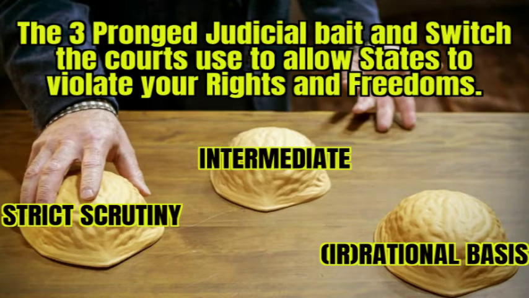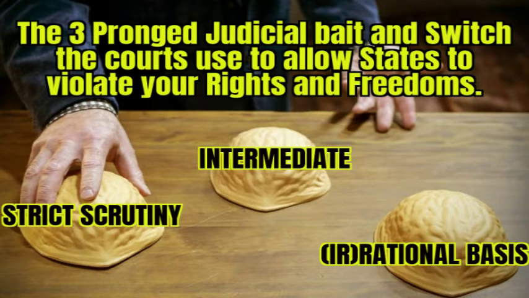And so the highest level is called strict scrutiny. Then the next level would be intermediate scrutiny. And then, of course, the easiest one that they always pretty much will go to is what they call rational basis review.